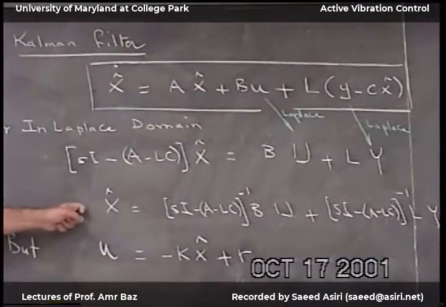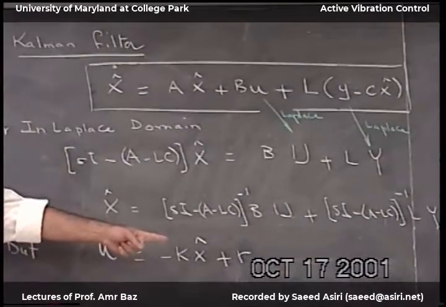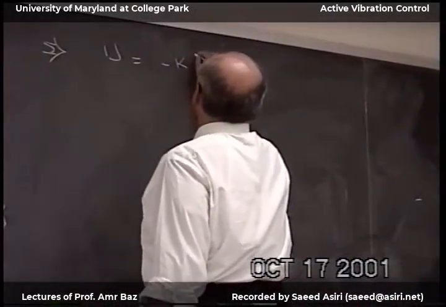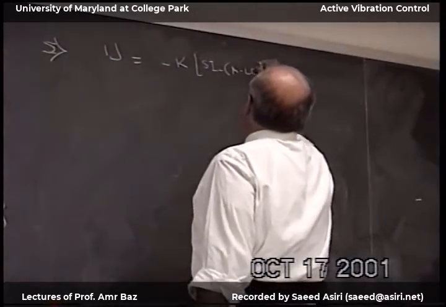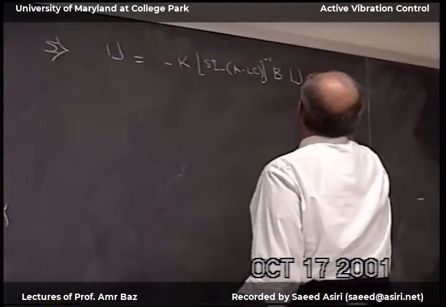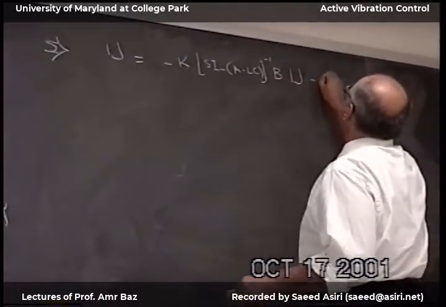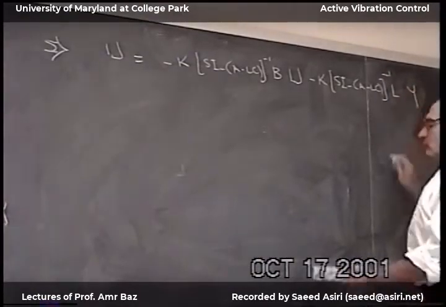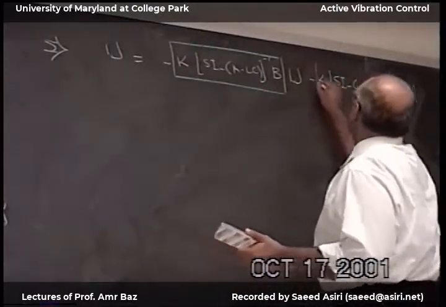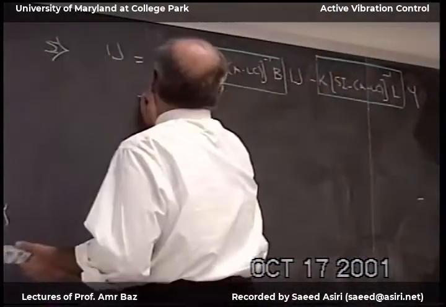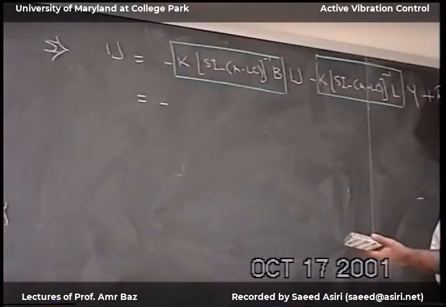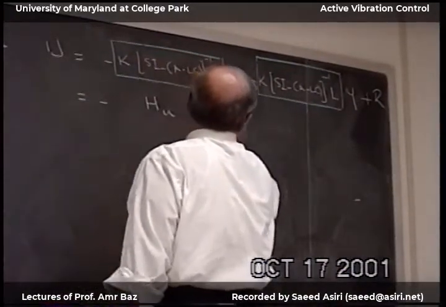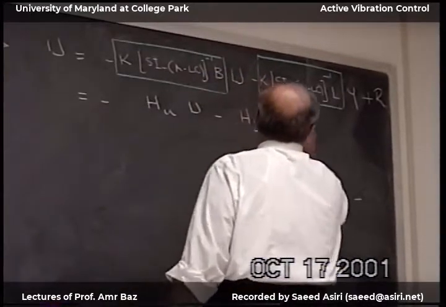Now to calculate U, I'll multiply this equation by minus K and add R. Then U will equal minus K sI minus A minus LC inverse B U minus K sI minus A minus LC inverse L Y, and I combine all these in one term each, plus R, which is the Laplace transform of the small r. Then we call this H_U minus H_Y plus R.